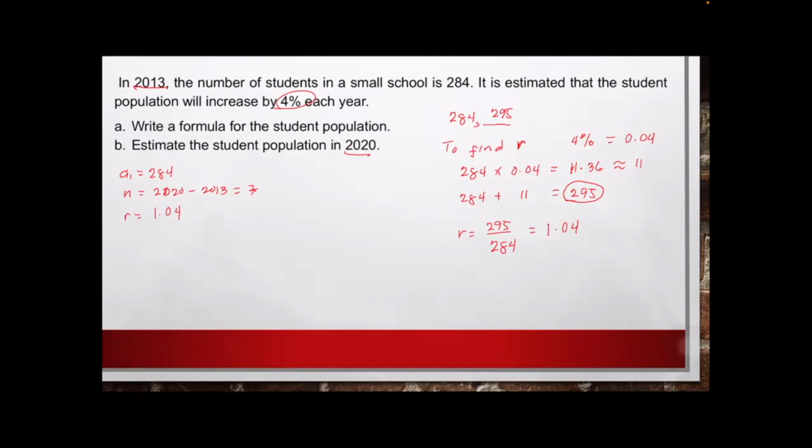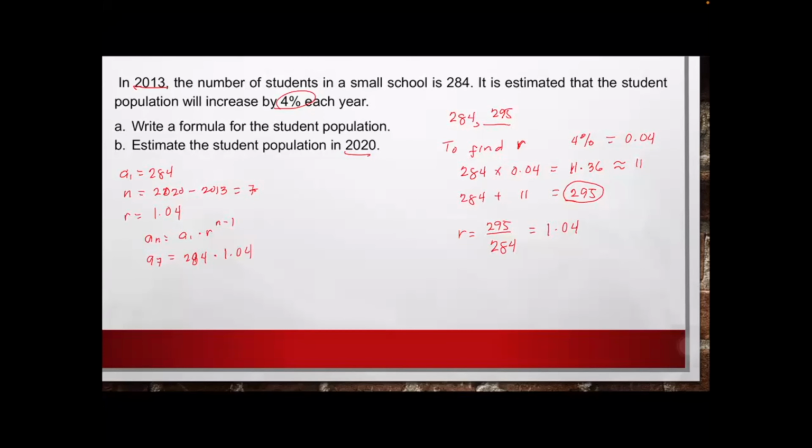Okay, so let's go now with the formula. Our formula is a sub n is equal to a sub 1 times r raised to n minus 1. So this will be a sub 7 is equal to, our a sub 1 is 284 times the r, wait lang, the r is equal to 1.04 raised to n minus 1.